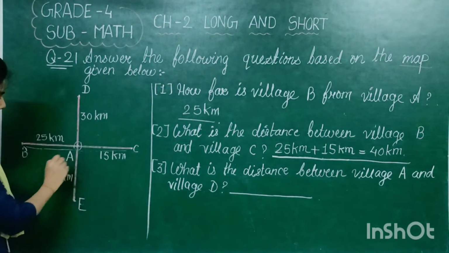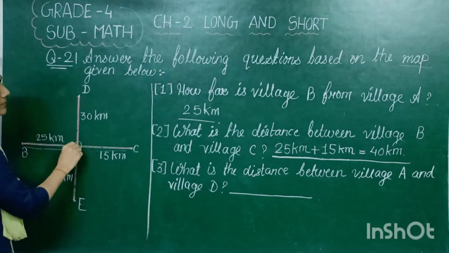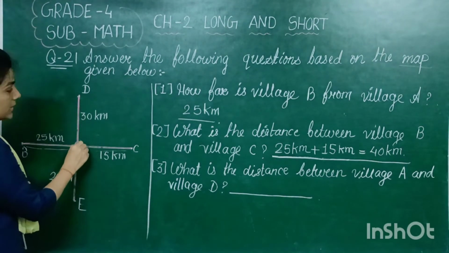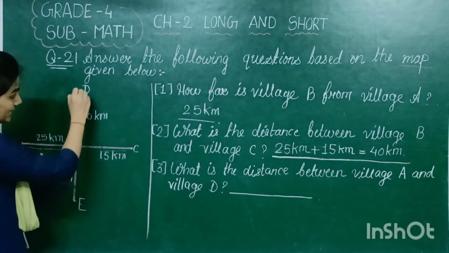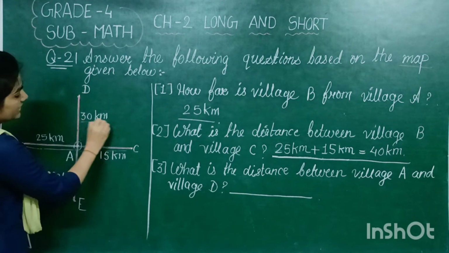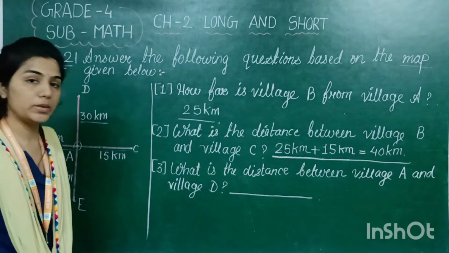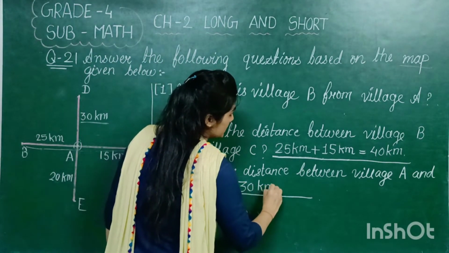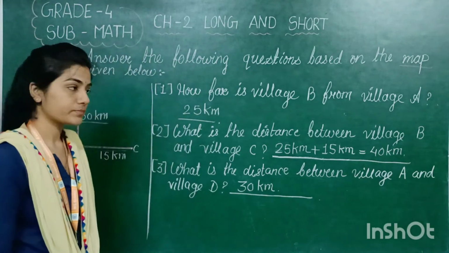We can check that A and D is a very small distance, between A to D. A to D we have already written that it is 30 kilometer. So directly we can write that 30 kilometer is the distance, right?